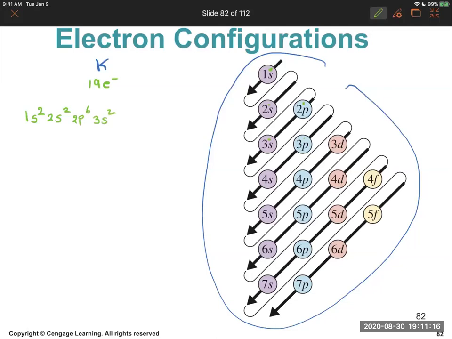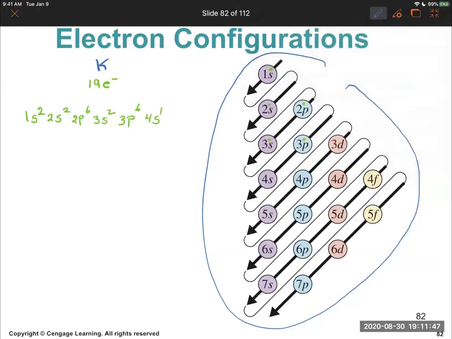Then 3p6. And then you go to 4s, and you should have 4s1. So that's 12, 13, 14, 15, 16, 17, 18, 19. There you go. This is the electron configuration of potassium.